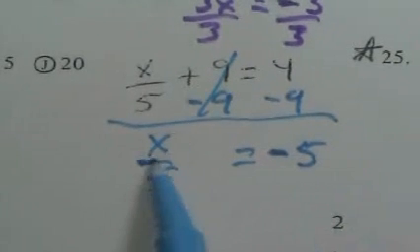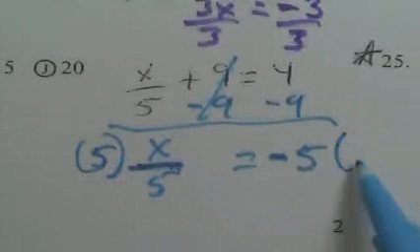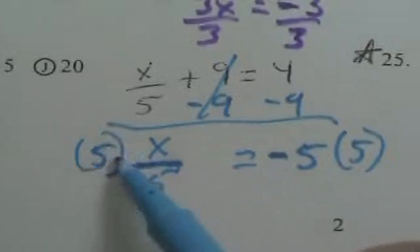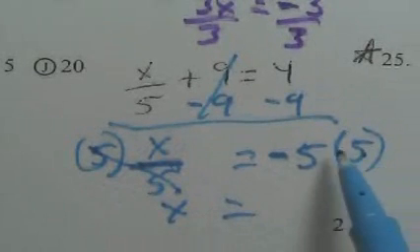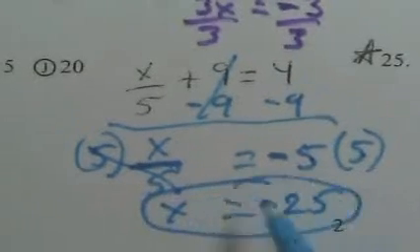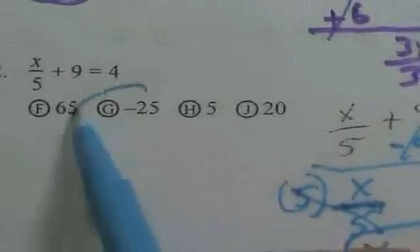All right, next I want to get rid of divide by 5, so I multiply by 5. But you have to do it on this side also. So that's gone. Negative 5 times 5. 5 times 5 is 25, and there's 1 negative. So the correct answer is letter G.